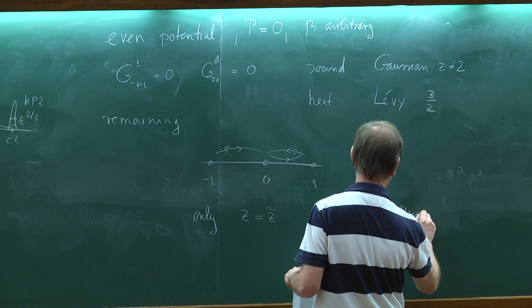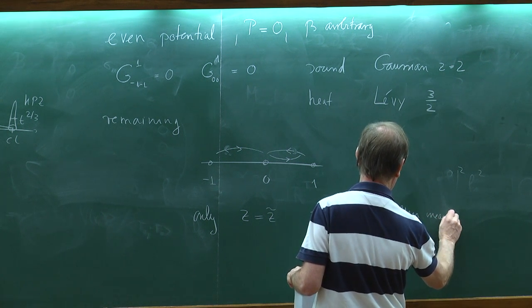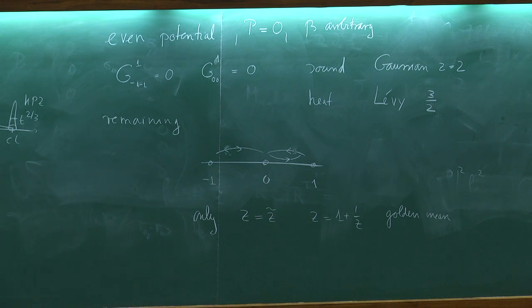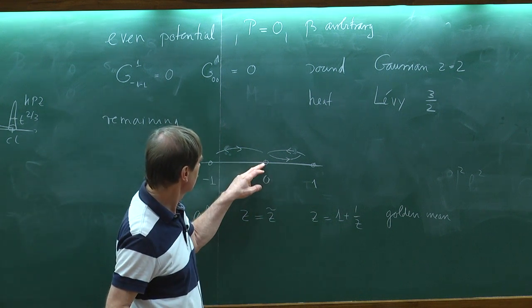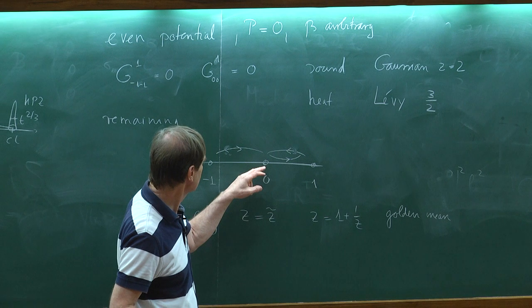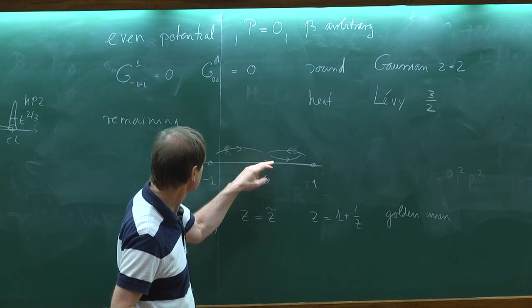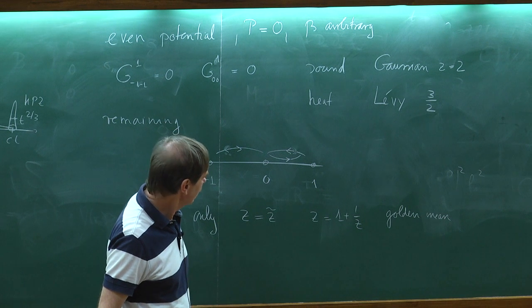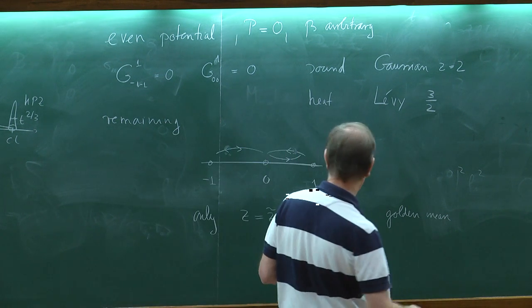So I will get a Levy with an exponent given by the golden mean, and I get it for both of them because they have this recoupling. Once I know this is the golden mean, then because of this coupling, this one also has to be the golden mean. So in fact, all peaks are golden mean.